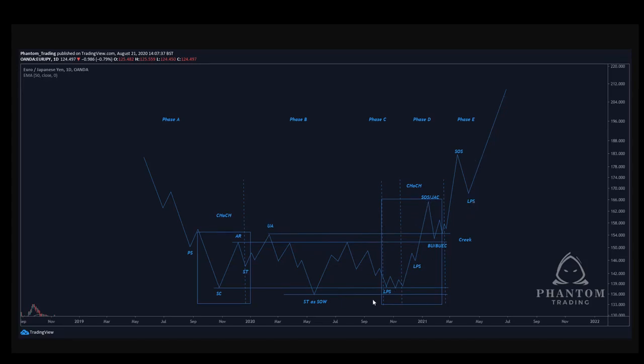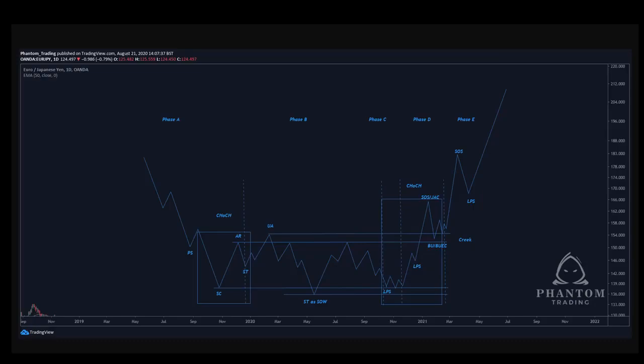Now, all of these phases come from the fundamental laws of the Wyckoff theory, which we as a company are going to be covering throughout the Phantom Trading community's educational packages and all of our resources. And of course, there will be a PDF guide supporting the Wyckoff methodology.